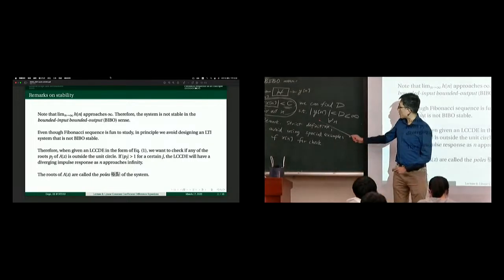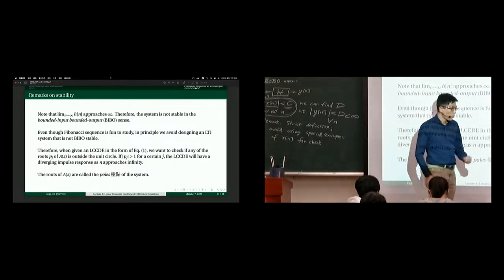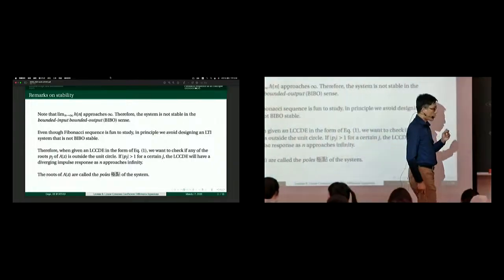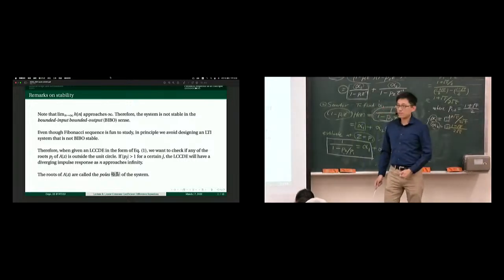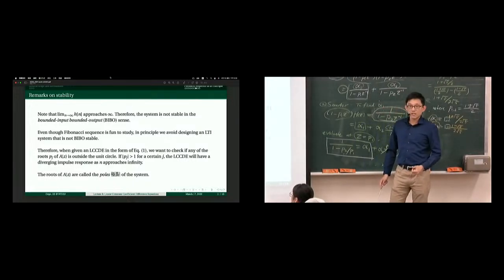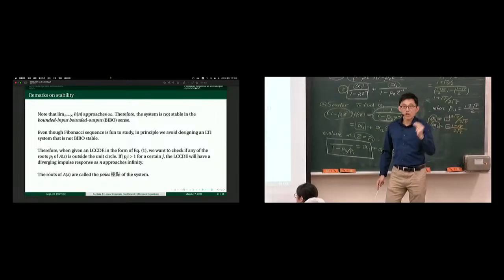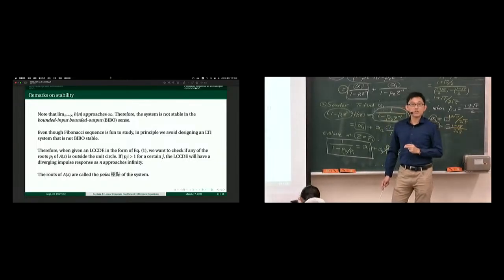The good thing about the definition being strict is that if you want to check whether or not a system is unstable, then your job is easier. Why easier? Because you just need to find one example of bounded input with unbounded output.